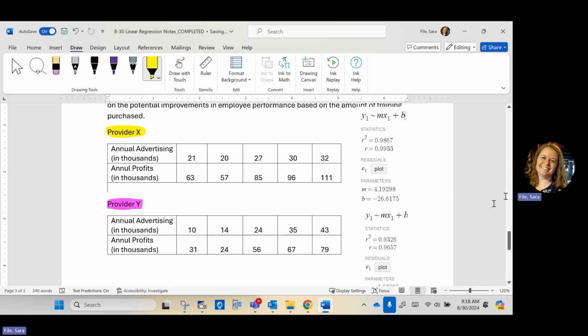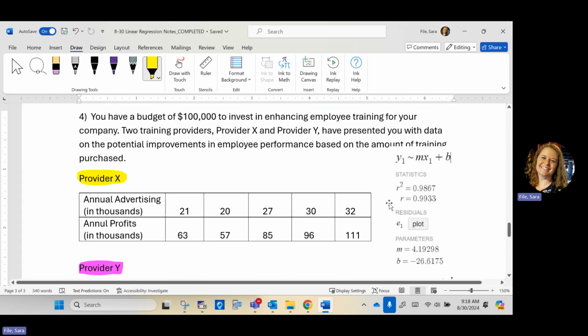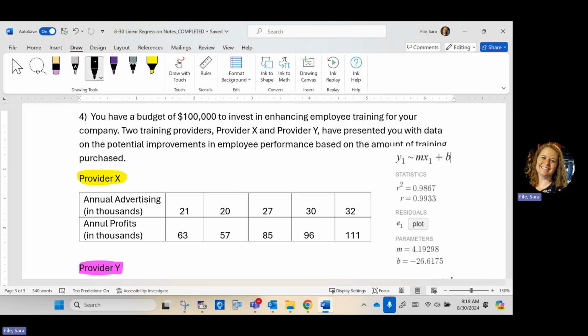All right, so I'm going to write my equation for provider X first. Okay, so I'm looking at this information over here from provider X. So my equation, remember, I'm looking at the m and the b down here. So y equals 4.193x minus 26.618.